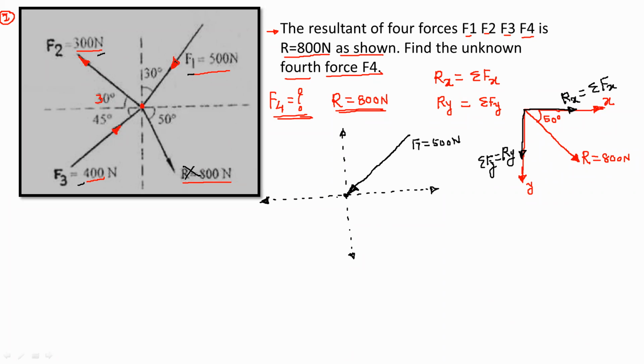Second is the 300 Newton, that is F2. And F3 is equal to 400 Newton. The angle of the first force is 30°, with respect to the y-axis, that is F1. For F2, the angle is 30° with respect to the x-axis. And for F3, the angle is 45°.